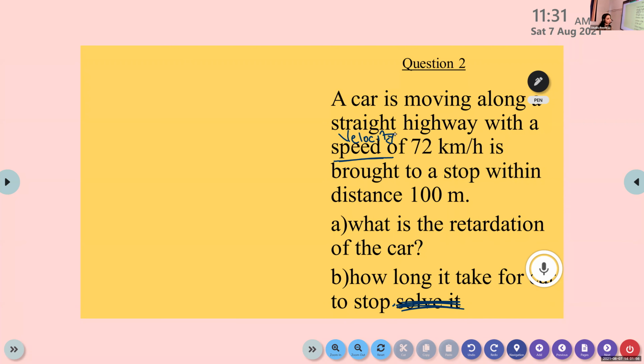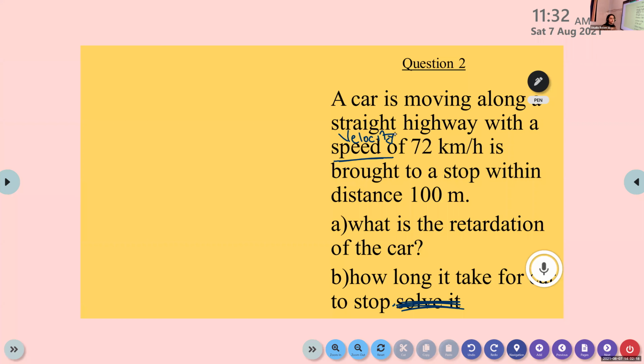Okay, so a car is moving along a straight highway, because here the direction is specified. The car is moving along a straight highway with a speed of 72 kilometer per hour. So here it is the velocity.